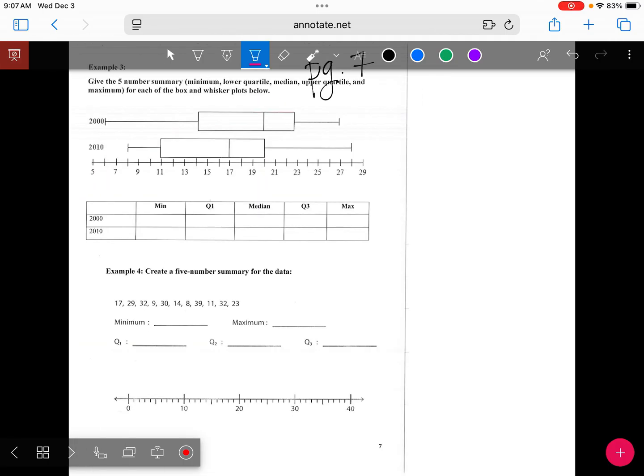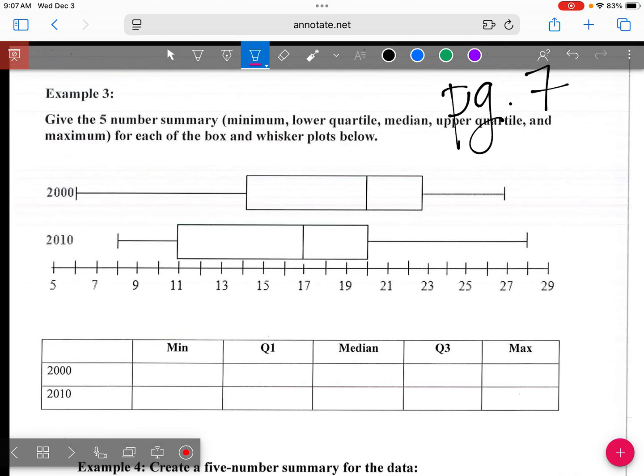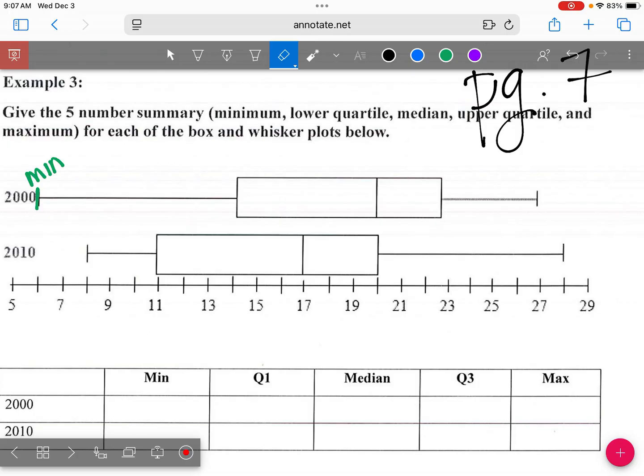And all we're going to do here is answer the questions about these box plots. So remember, when you have a box plot, this would be my minimum. This here, this is LQ, which could also be called Q1. So LQ and Q1, they're the same thing. Let me write that a little neater.